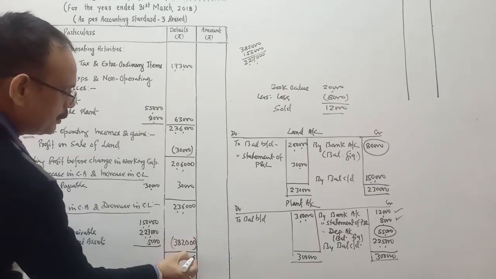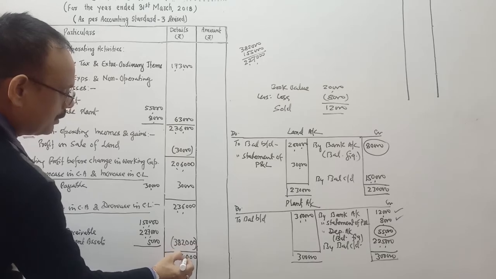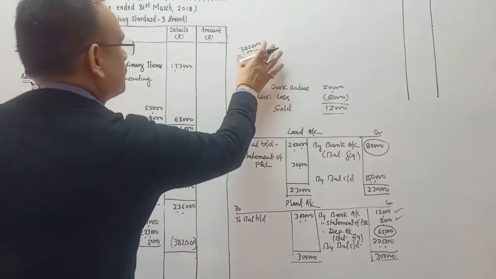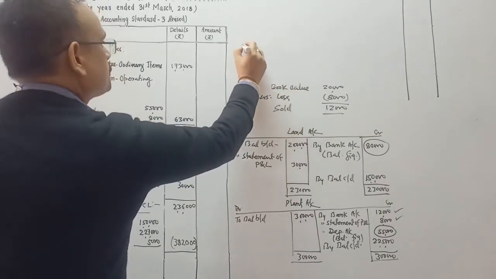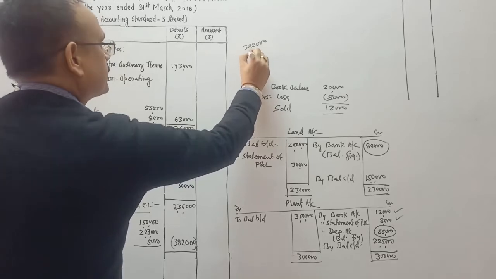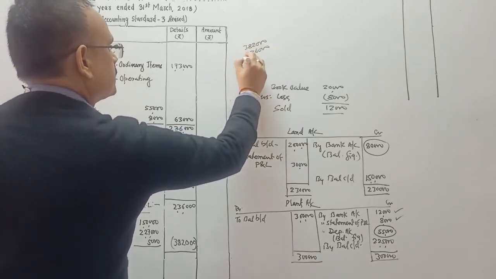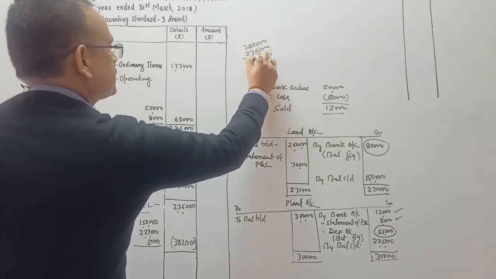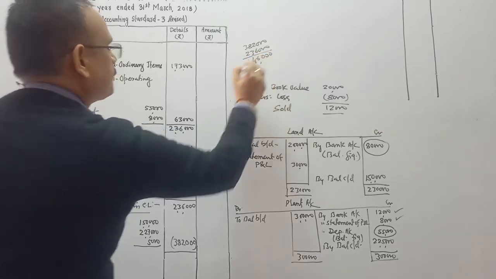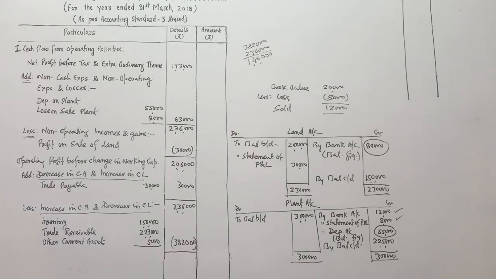So the figure is... which side is more? Minus is more. Here the minus is more, outflow is more. 3,82,000 minus 2,36,000. So net change is 1,46,000.